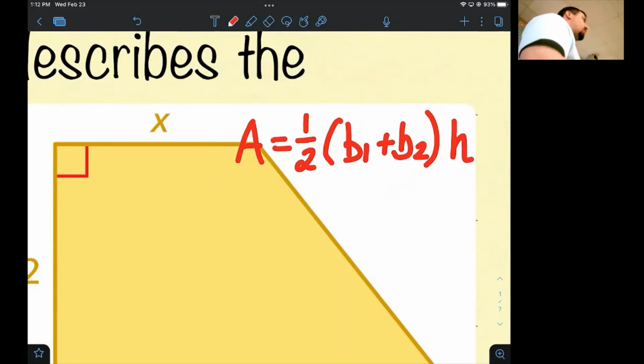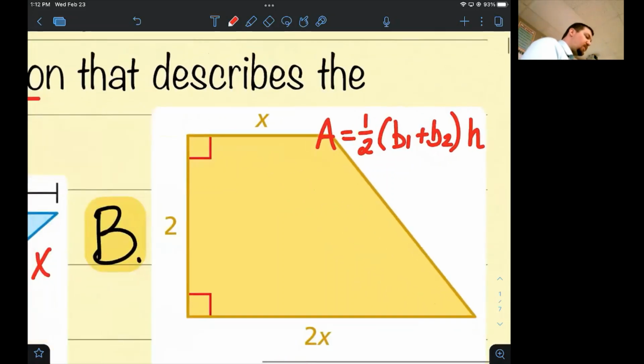Triangle formula, 1/2 base times height. Trapezoid formula, 1/2 bases times height. I add those two bases, and on a trapezoid, there are 2 parallel lines. There's actually one set of parallel lines, and those parallel lines are the bases.